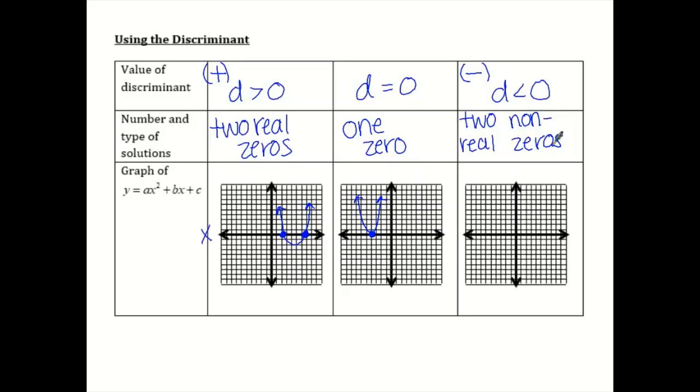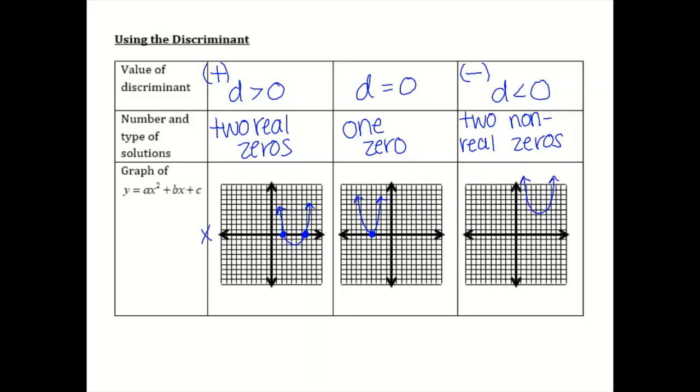So up until this point, we've just said no solution or no zeros, but then we actually call that two non-real zeros. So the picture here, it does not touch the x-axis. So for now, we stop there. We just call it two non-real zeros. If you take Algebra 2, you go a lot more into this, but for this class, we're just going to kind of stay here. Two non-real zeros if our discriminant is negative.